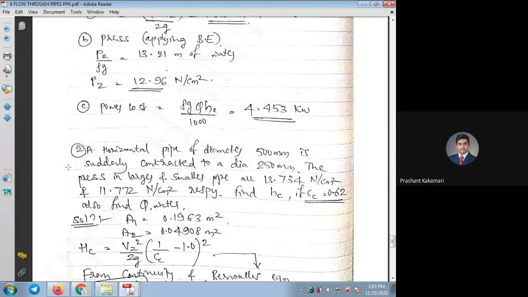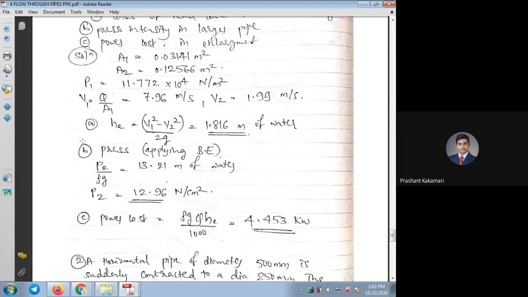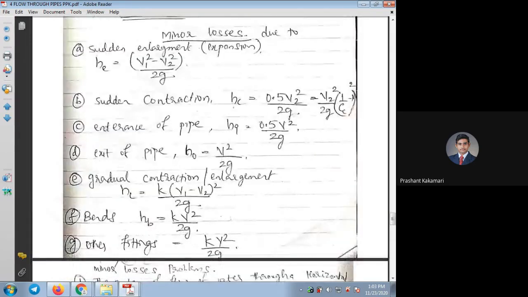So now from the given problem, it is only a sudden contraction. Everyone can just convert area and use that CC value. If the coefficient of contraction is given, then you can use this equation: V2 square by 2g into bracket 1 by CC minus 1 whole square. So using this equation, now we are going to find out the head loss due to sudden contraction.